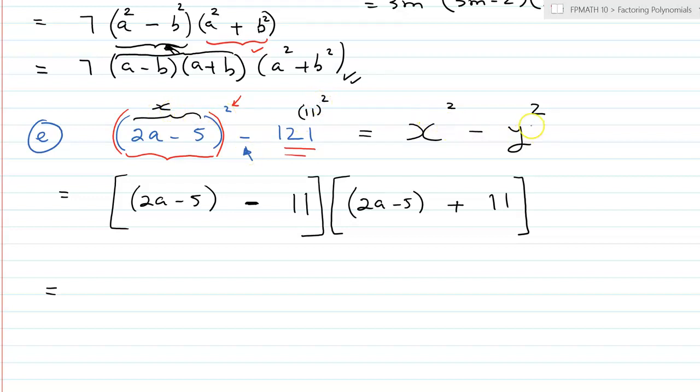X squared minus y squared is the same setup as what we have written down here, just a little bit uglier. All right, now last thing is that we usually want you to simplify inside the bracket, so we can.